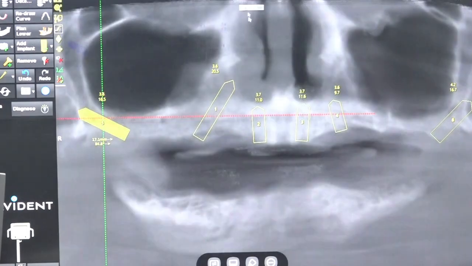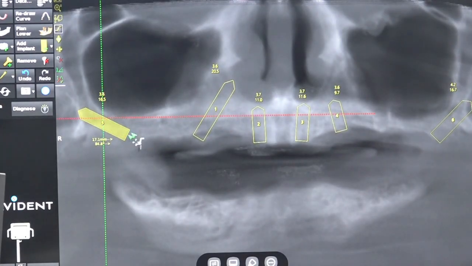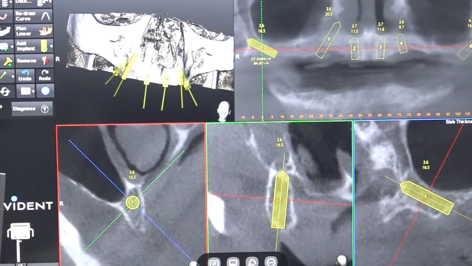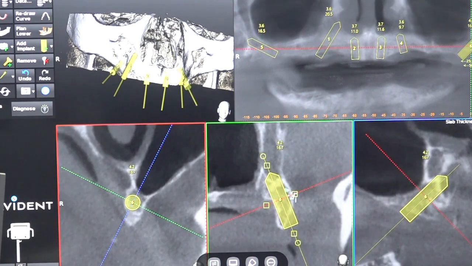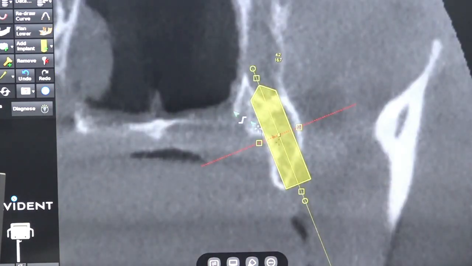So if you can see, this is very much horizontal compared to the left side. You will see the left side now. You can understand the difference between right and left.